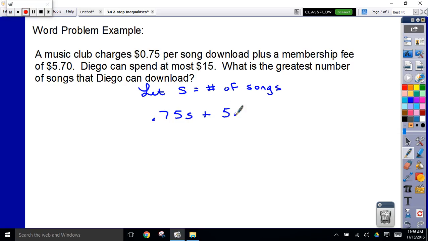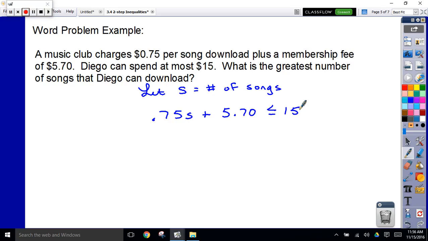Good. So is less than or equal to 15? Good, less than or equal to 15, because it says he can spend at most $15. That means he can't spend more than $15. That's the most he can spend. So the amount he spends has to be less than or equal to 15.